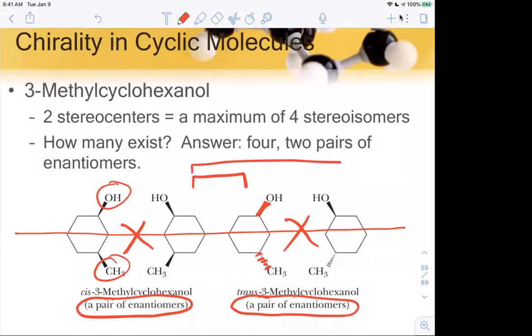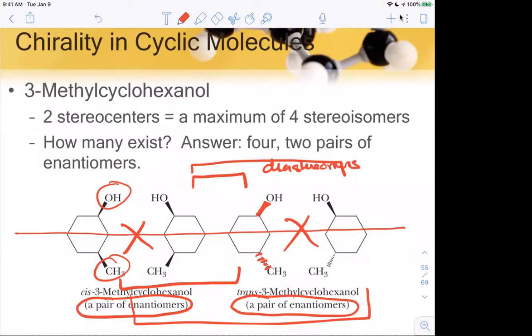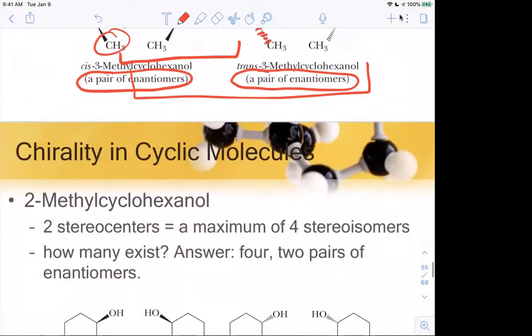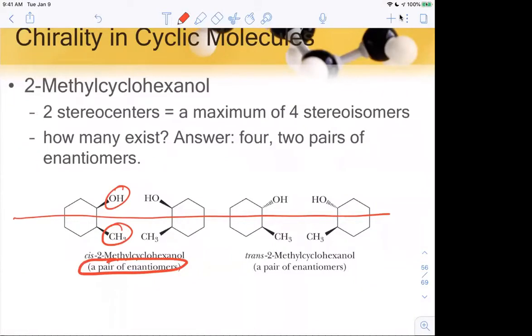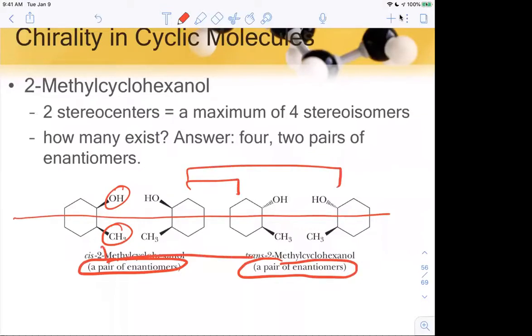Anything in between is going to be diastereomers. In this example, again, if I cut this in half, this is different from this. I'm going to get a pair of enantiomers and a pair of enantiomers. And again, these are going to be diastereomeric relationships.